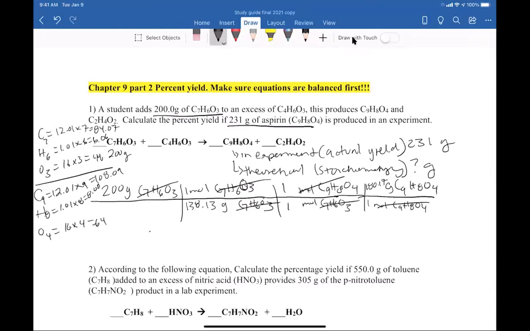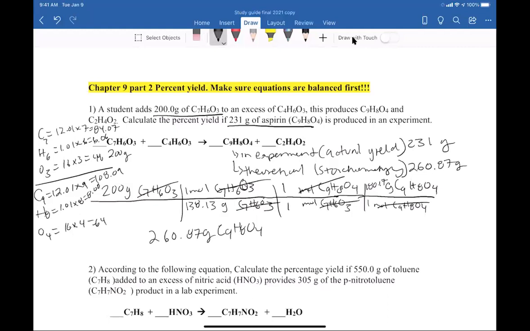I got 260.87. And that's grams of C9H8O4. So theoretically, my theoretical yield now, I know is 260.87 grams.